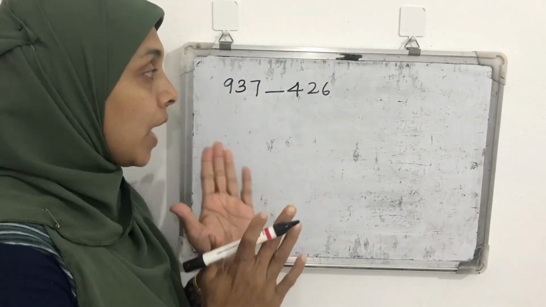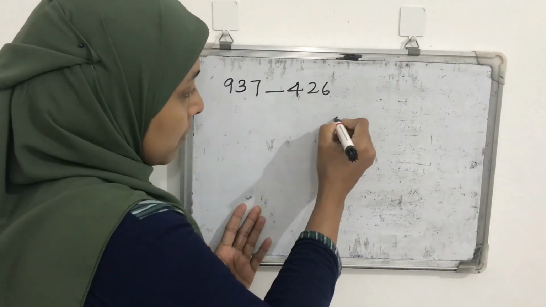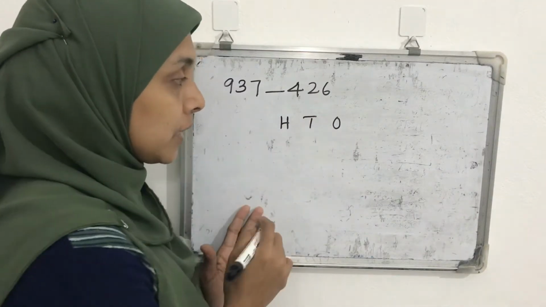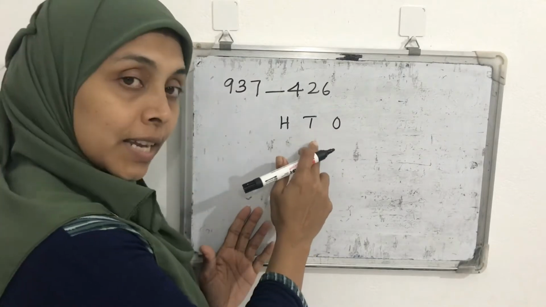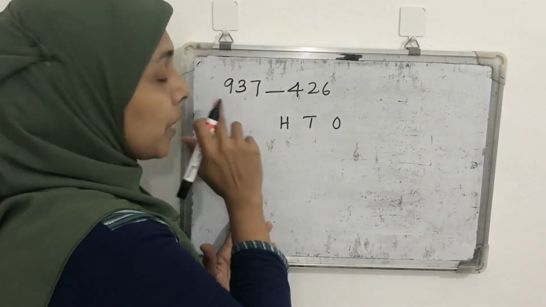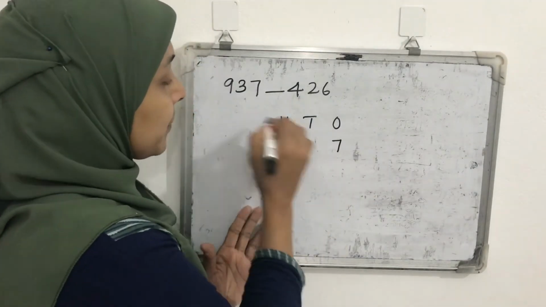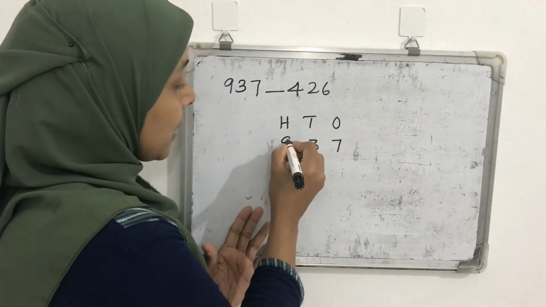So first we arrange the numbers in columns. First we mark the places: ones, tens and hundreds. Here there are only 3-digit numbers. First number 937: ones place 7, tens place 3, and hundreds place 9.